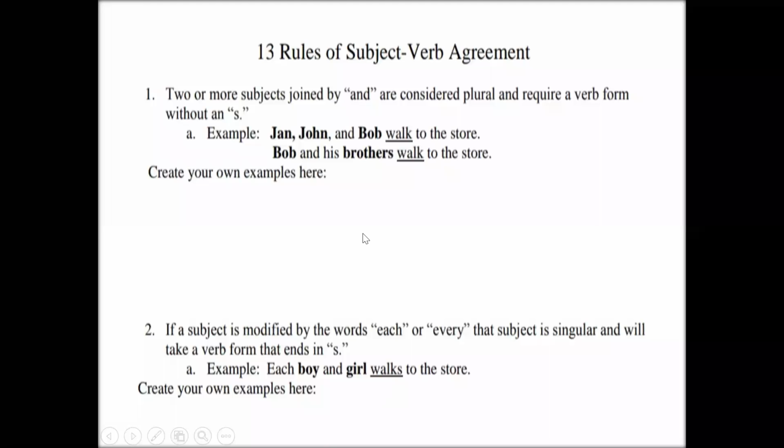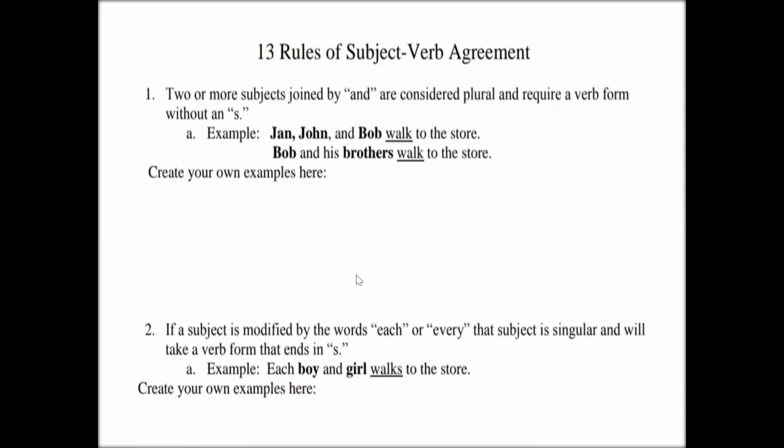So the first rule, I guess, is clear: when two or more subjects are combined together with the connector and, we consider the subject as plural. So we use the plural form of verb. That is, we never add s or es to it. Okay, I guess that's clear.